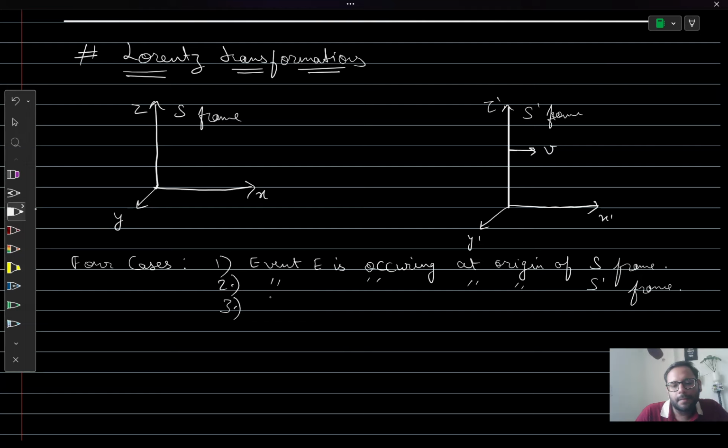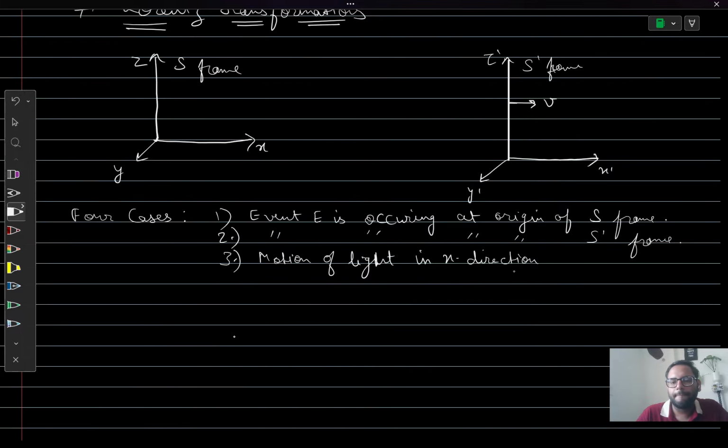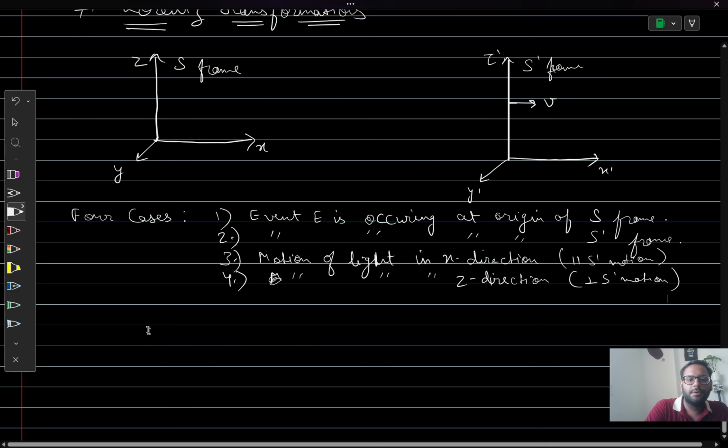Third case, motion of light in X direction, that is parallel to the motion of S prime frame. And fourth case, motion of light in Z direction, perpendicular to the motion of S prime frame. These are just four cases we have to analyze quickly.